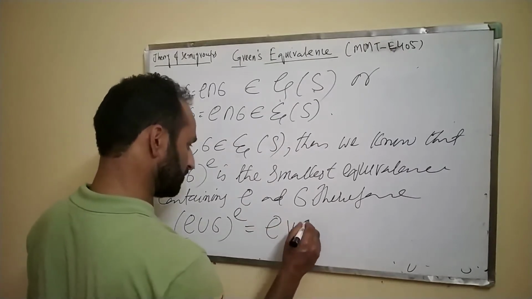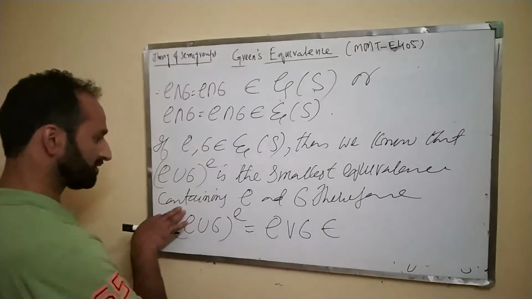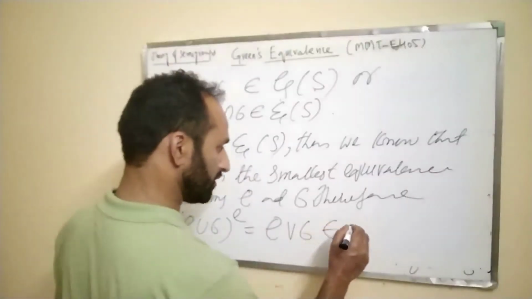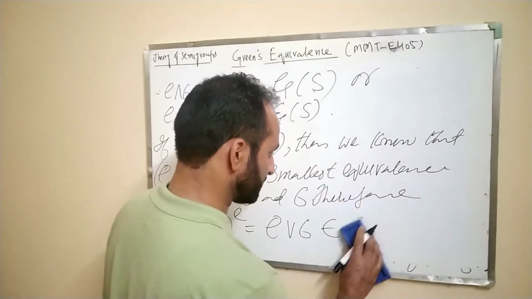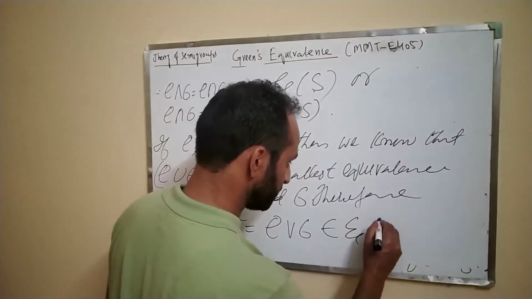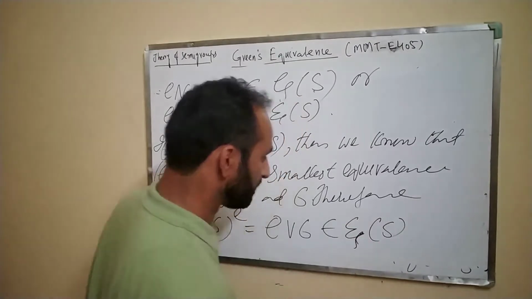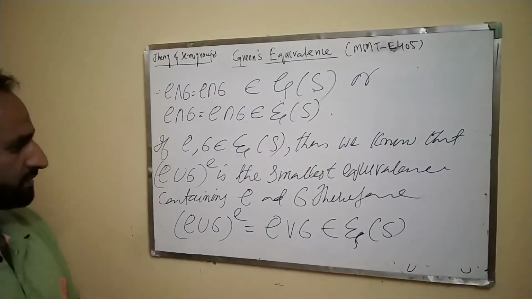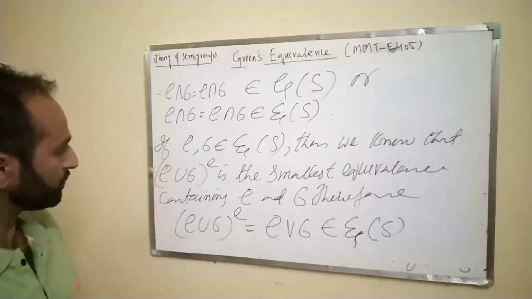The least upper bound of these two belongs to E of S, because it is the smallest equivalence containing rho and sigma. So this is closed with respect to the least upper bound also.